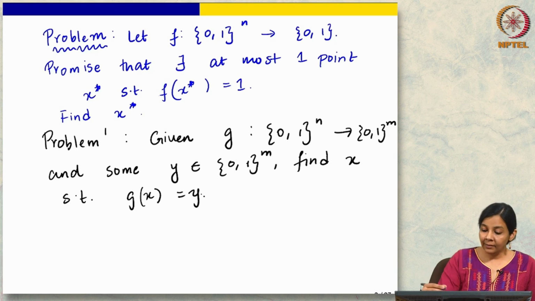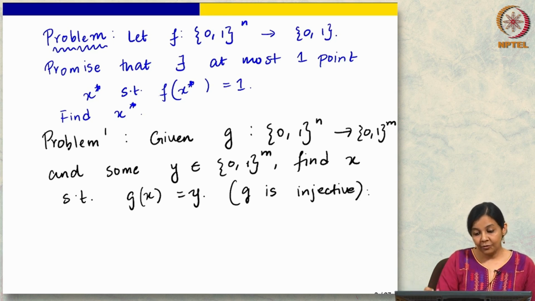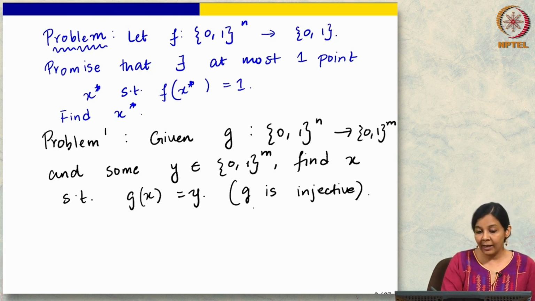Here again I will make the simplifying assumption that g is injective. You can see that if I have a way to solve the problem, then I can use it to solve problem prime.